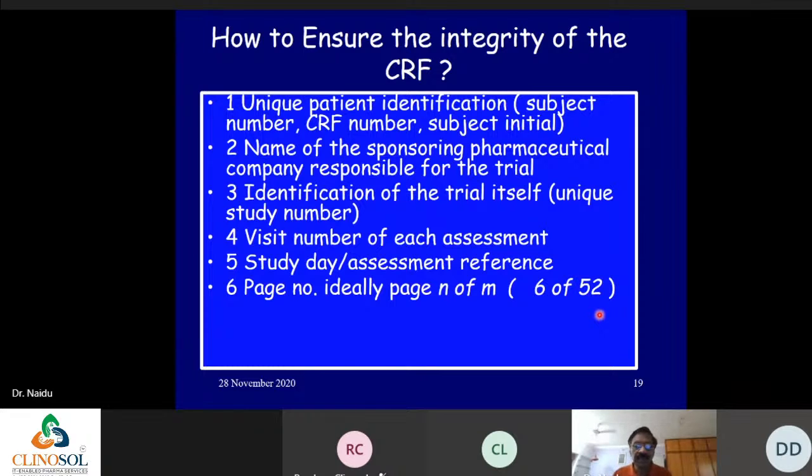This is the way the page number should be put, rather than putting 1, 2, 3, 4, 5, 52. No, that is not correct. You have to put page number 1 of 52, 6 of 52. This is correct. So if any page is missing or somebody has deleted it, I will come to know.